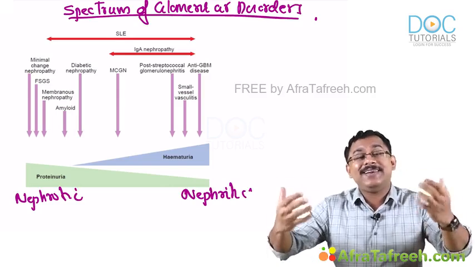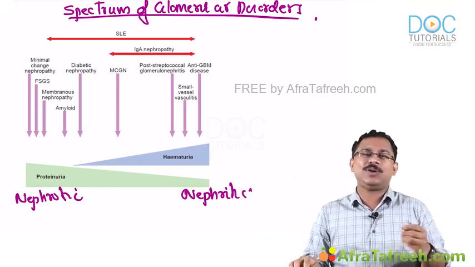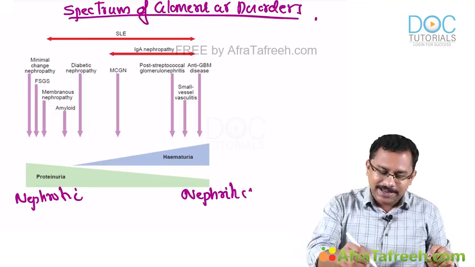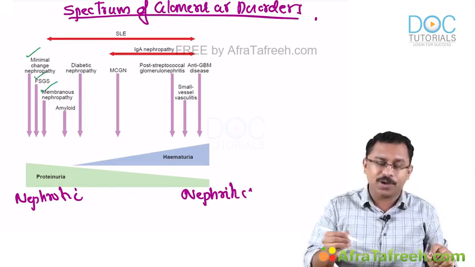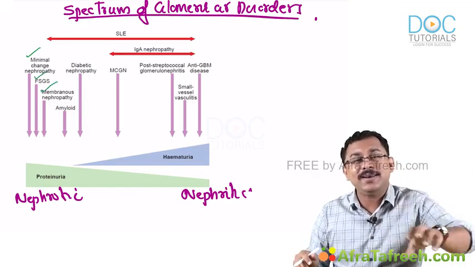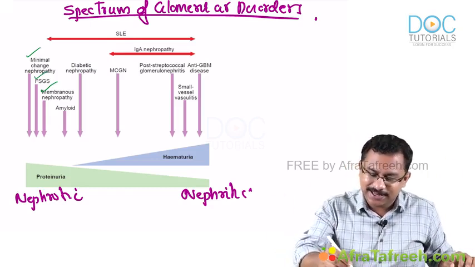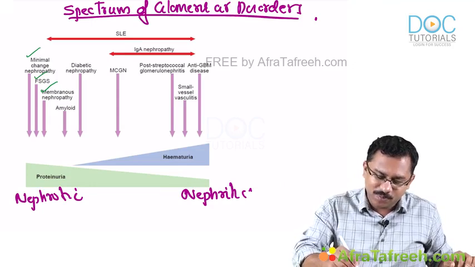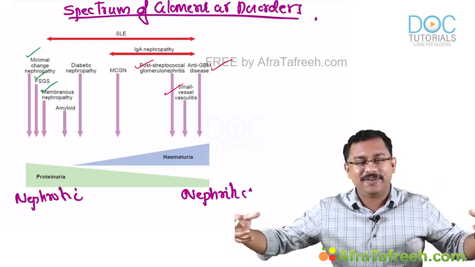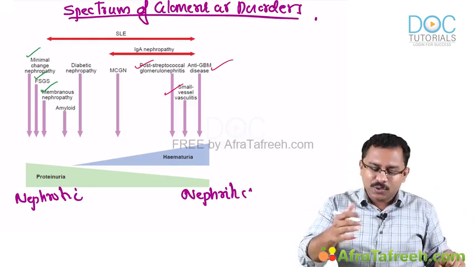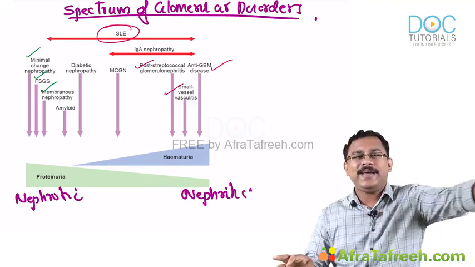So up next, when we learn about the individual disorders, we will learn certain disorders that are likely to present with a nephrotic syndrome, like your minimal change disease, like your FSGS, like your membranous nephropathies, which are predominantly going to have a nephrotic syndrome presentation. And there will be certain disorders like post-streptococcal glomerulonephritis, vasculitis, anti-GBM disease, which have a nephritic presentation. And also you can have certain disorders like, say, SLE, which has a whole spectrum.